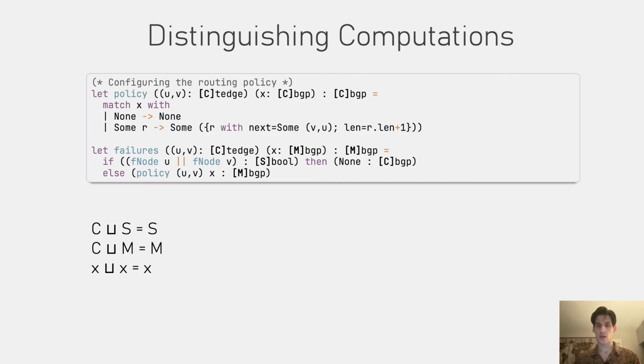And similarly, you can combine a concrete and a multivalue just by applying the concrete computation on the leaves of the multivalue. And obviously, every mode is compatible with itself. But the key idea is that multivalue computations and symbolic computations are incompatible. You can't use one where the other is expected.